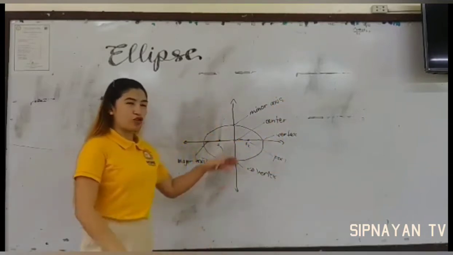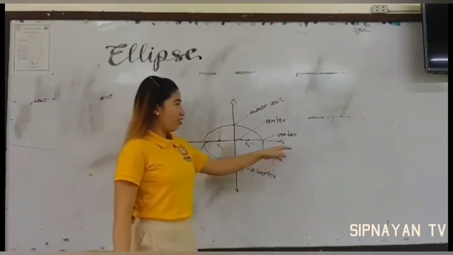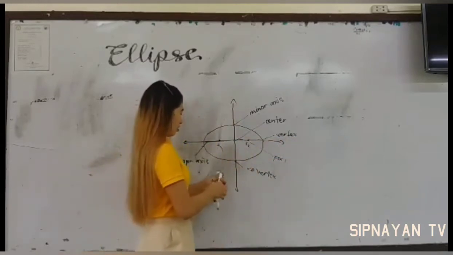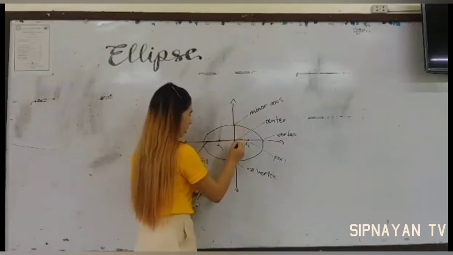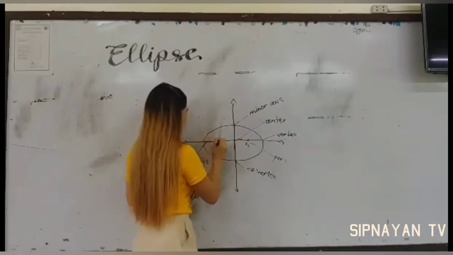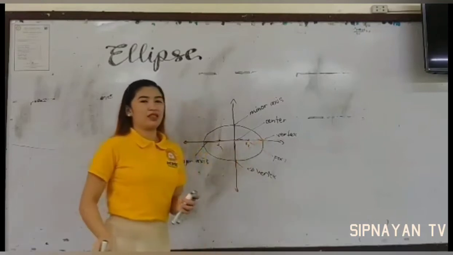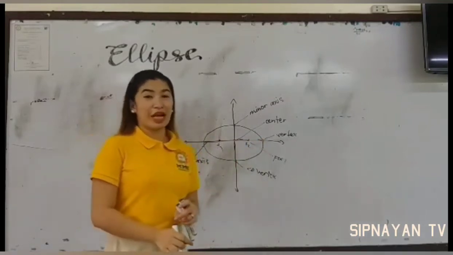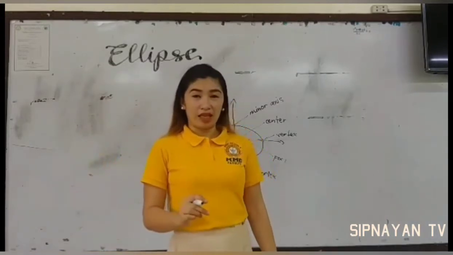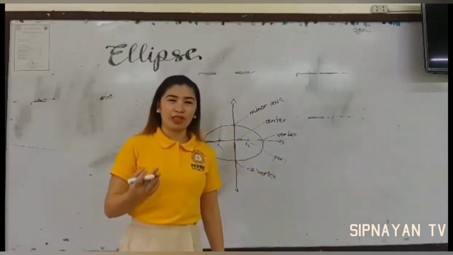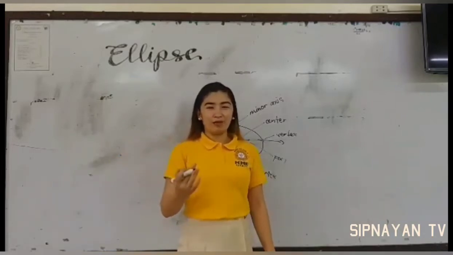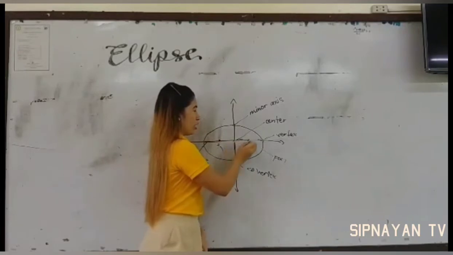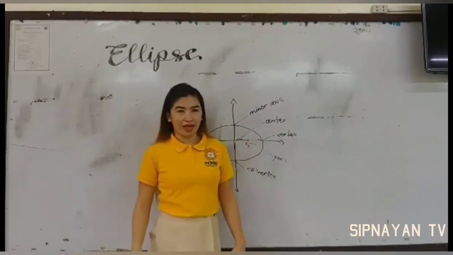So, meron tayong center, foci, vertex, co-vertex, minor axis, and the major axis. Okay? Meron din tayong tinatawag na eccentricity. Yung eccentricity po na tinatawag sa ellipse is the line that connects the center to the foci.